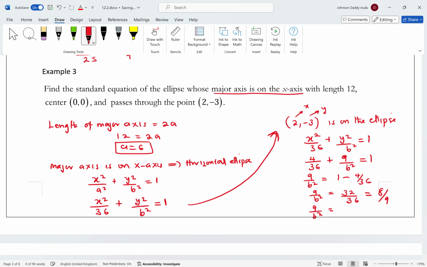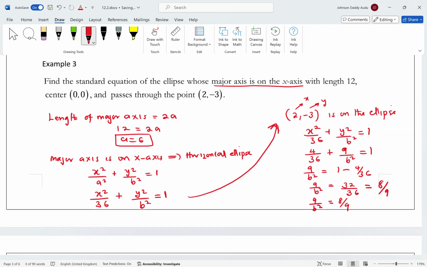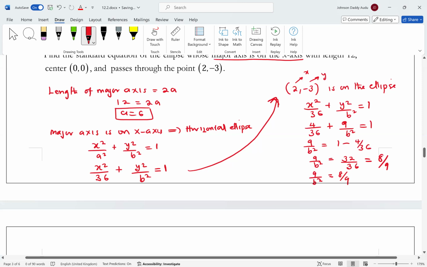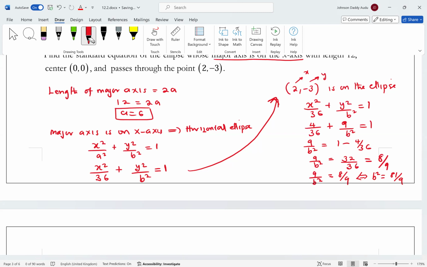So we have 9 over b squared equals 8 over 9. It means that b squared is 81 over 8. This will be our b squared.